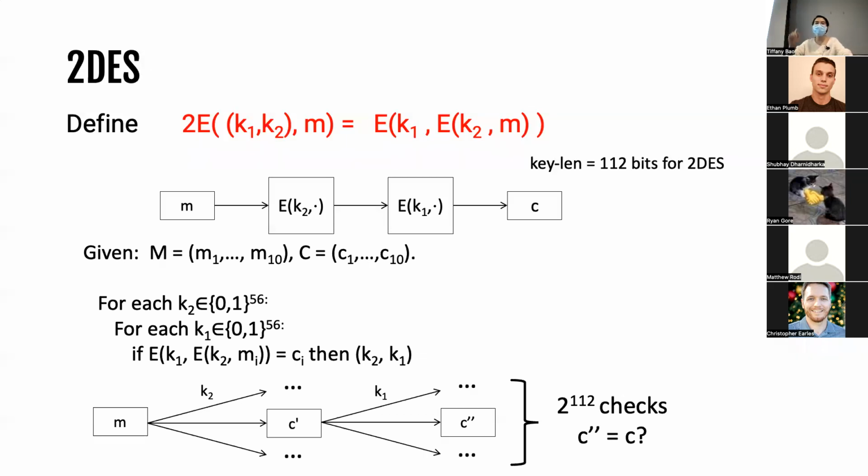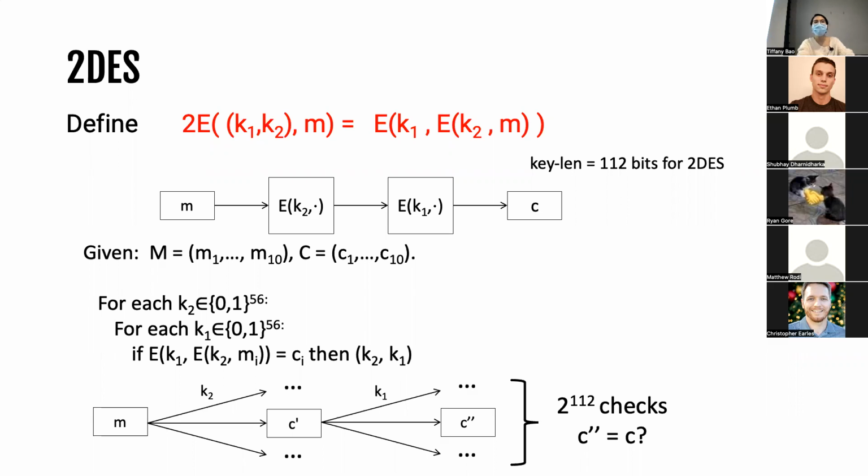But actually, this is a possible attacking scheme for sure, but there is another less complicated, or more efficient way, which makes 2DES also vulnerable, okay?